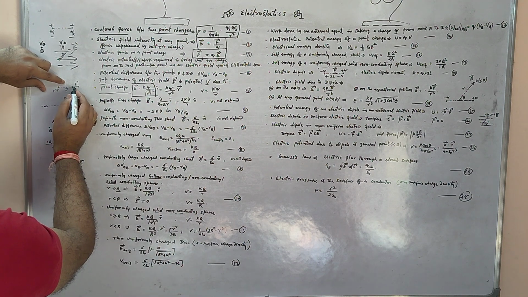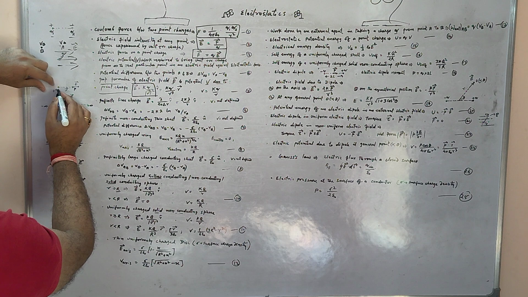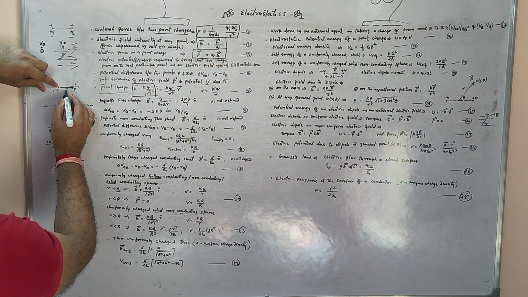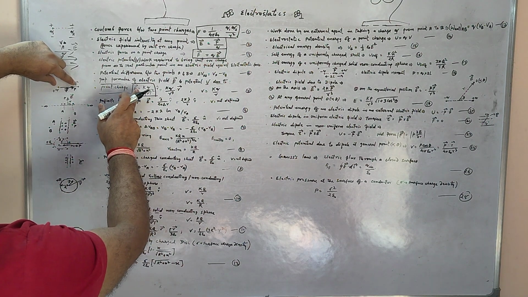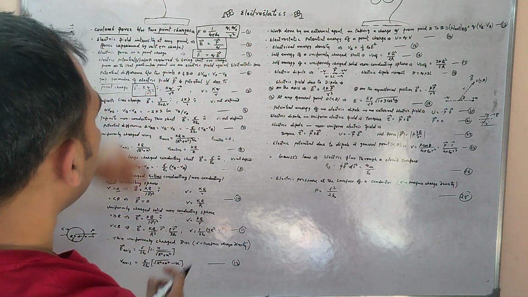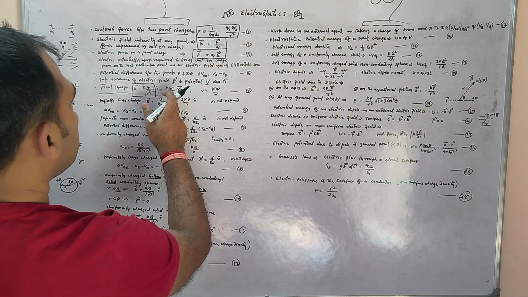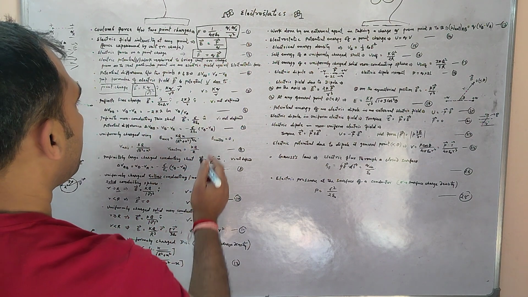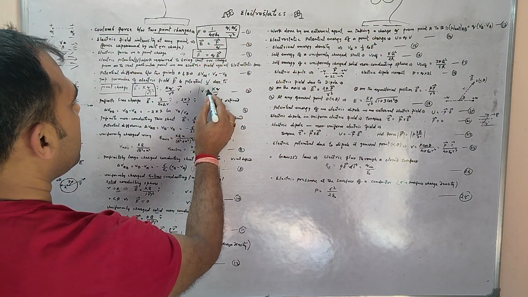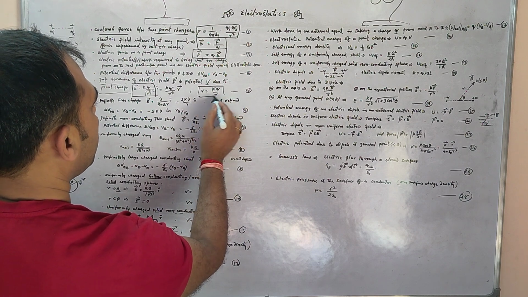This is the point P, this is charge Q, so this will be the position vector r and this will be the value E. We can also write it as kq by r cube into vector r. Then potential will be kq by r.